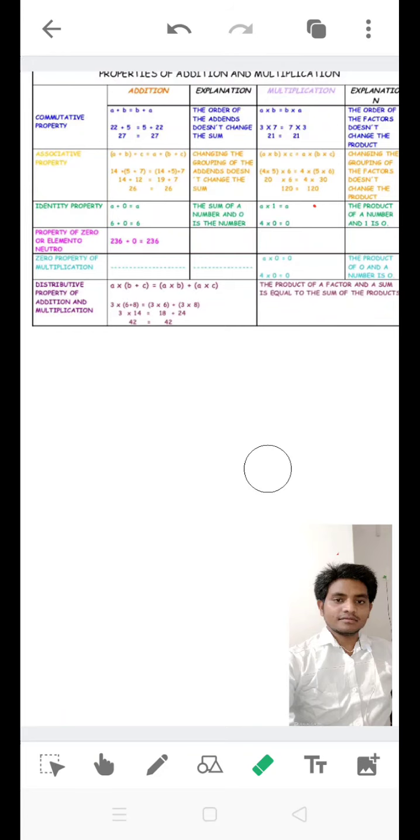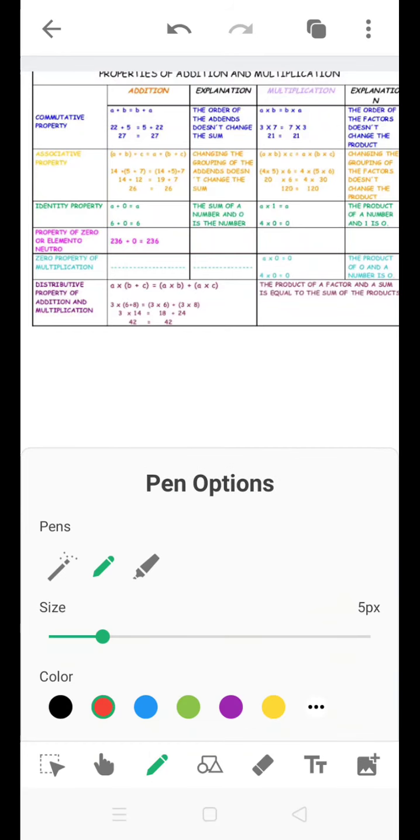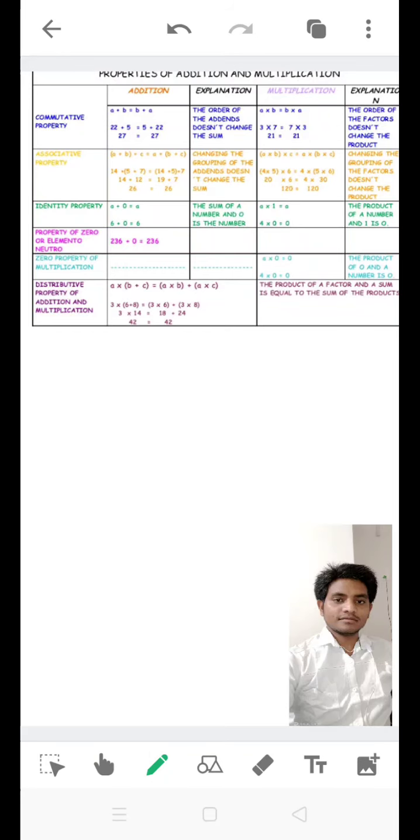If we learn this property, then no doubt no difficulties happen when you solve problems related with this chapter. This thing is very important, all of you should understand very well.